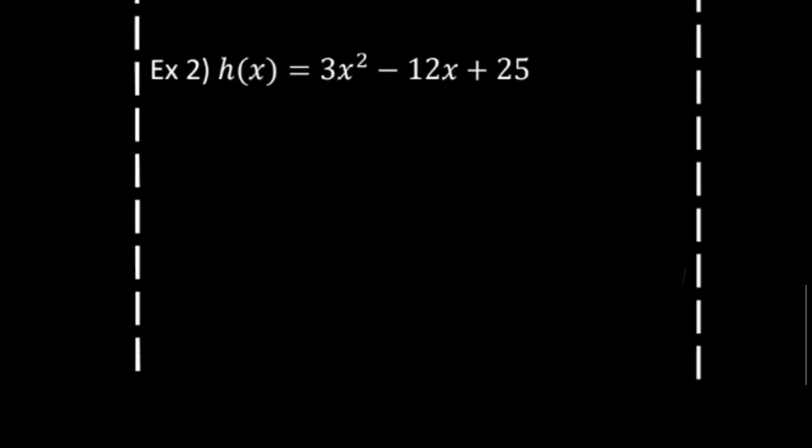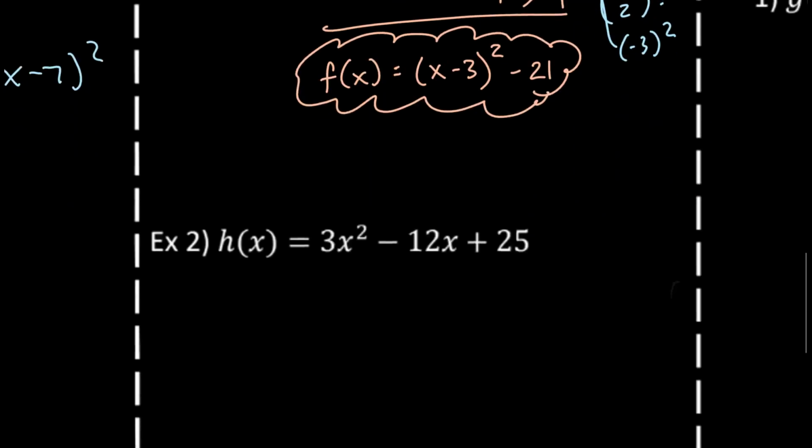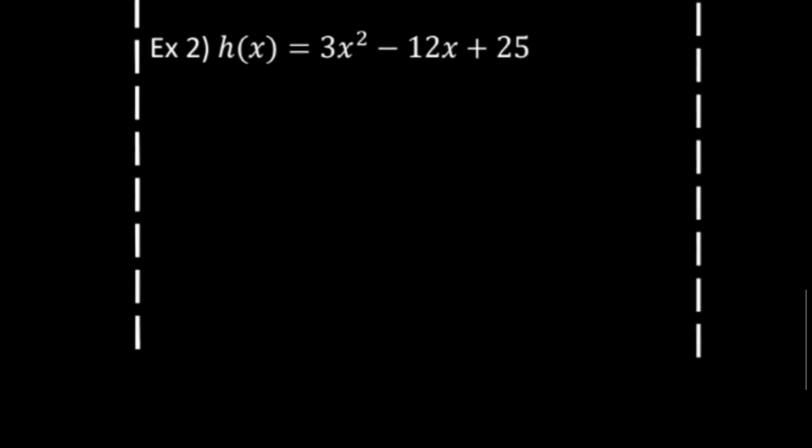Now it does get a little bit harder. What makes the second example harder than the first? It has an a value. Does anyone remember what you do if you have an a value? No, you could to solve it, but we're trying to convert to vertex form.